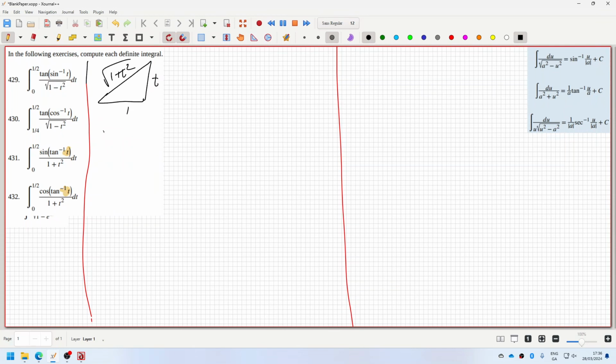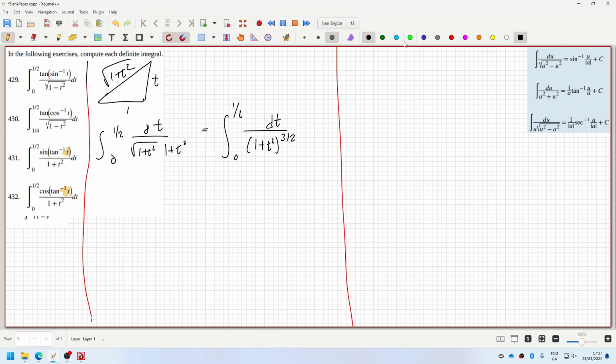So the integration becomes 0 to half, and then cos is 1 over root 1 plus t squared, with the original 1 plus t squared dt. So that is 0.5, 1 over 1 plus t squared to the power 3 over 2 dt.